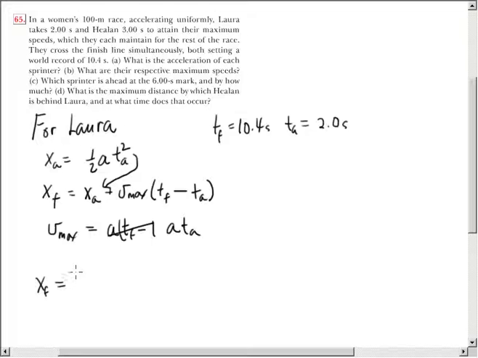So I now have 1/2 a ta squared. And then we have Vmax, but then I can substitute up here for Vmax. So that's going to be A TA times TF minus TA. Now we have an equation where the only unknown is A. So we can solve for A. Pause the video. Go ahead and solve for A.